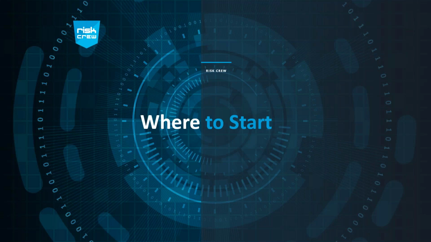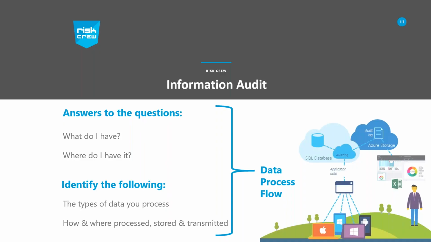Now let's get back to the main topic and where to start. It's always best to start with an information audit. The reason we want to do an audit is we need to answer the questions: what information do I have? Where do I have it?